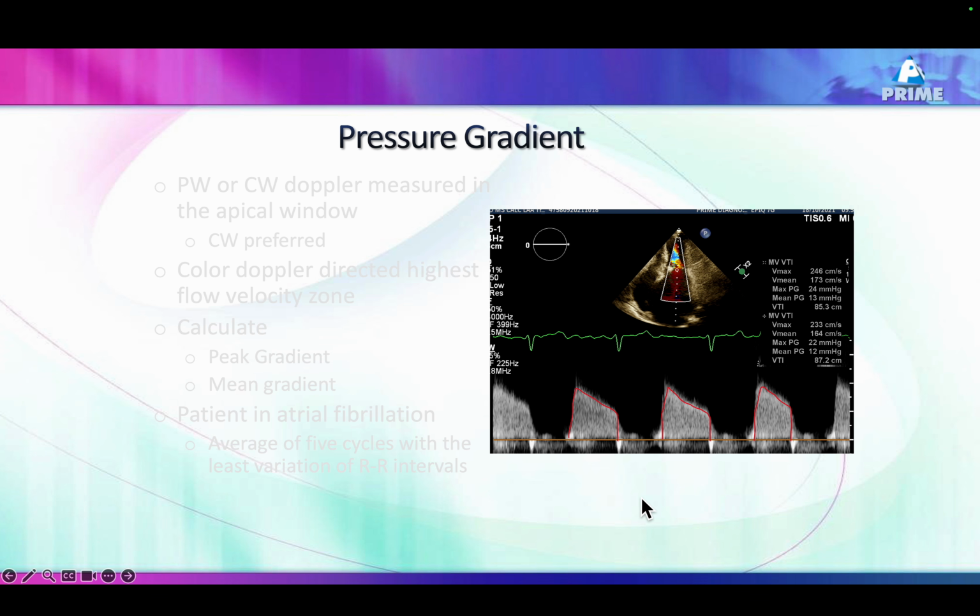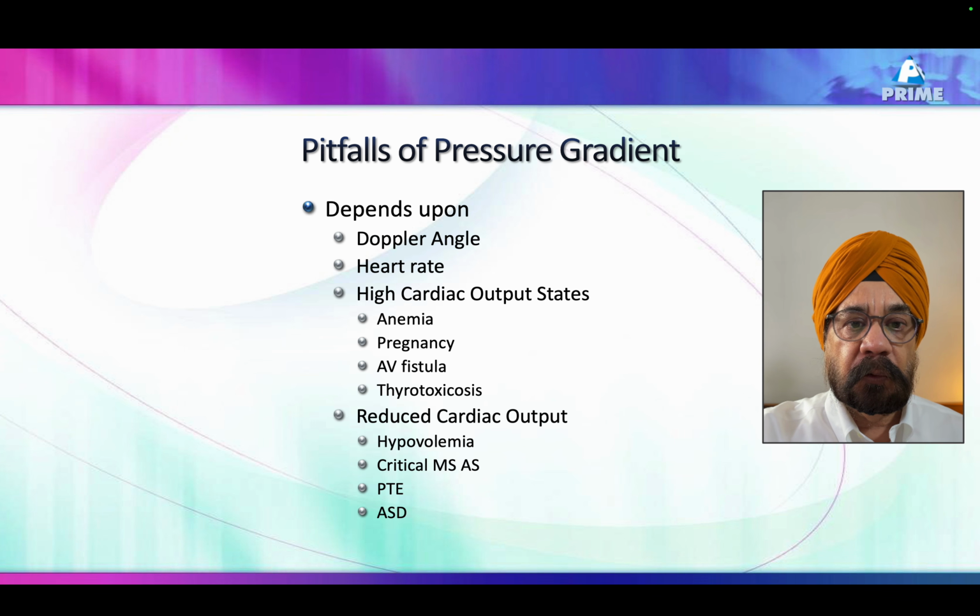These are also important. When you're doing a pressure gradient, do mention at what heart rate you are doing it, because increased heart rate can increase pressure gradients. So the pitfalls: it depends upon the heart rate, and on a number of factors, mitral regurgitation, then anemia, hyperdynamic states.